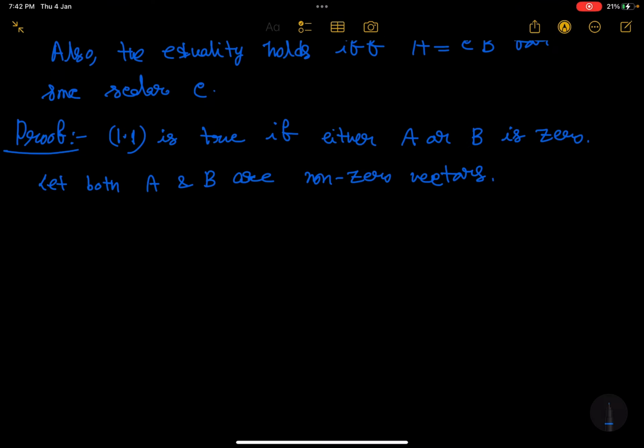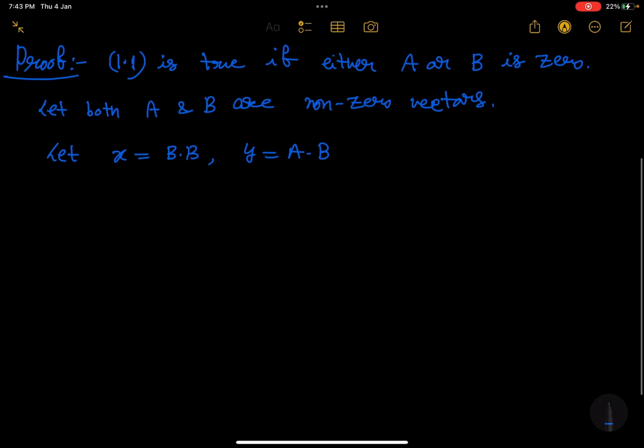Now consider x equals B dot B, which is non-zero, and y equals A dot B, which we do not know, is some scalar quantity.